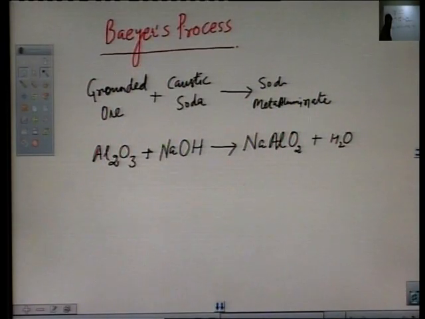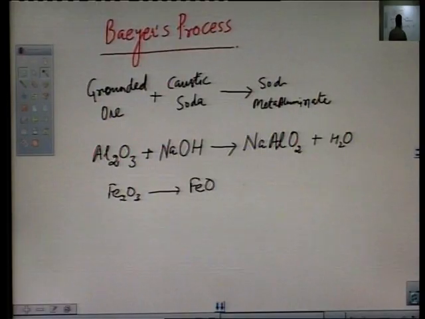The ferric oxide is converted into ferrous oxide, and aluminium oxide, the ground bauxite ore, is converted into sodium meta-aluminate.